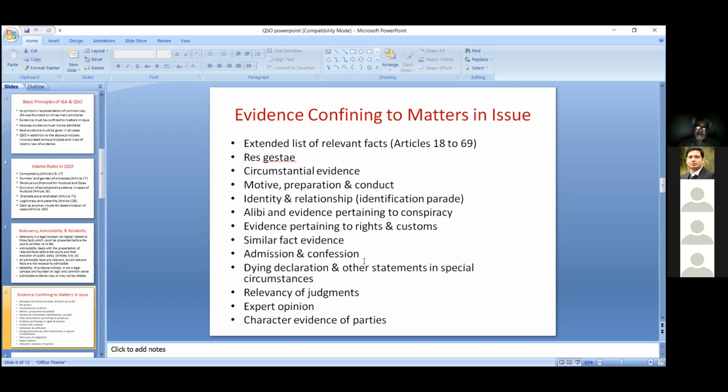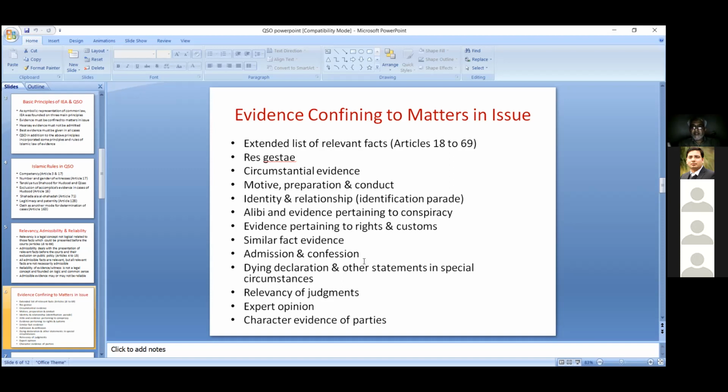Because as far as the law point is concerned, judgments of superior courts are binding on subordinate courts. But as far as the question of fact is concerned, the court has to evaluate the evidence independently without being influenced by the decision of any other court.